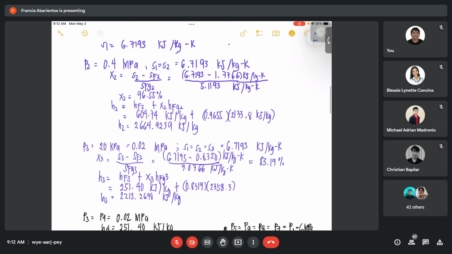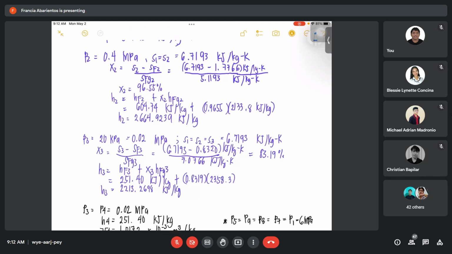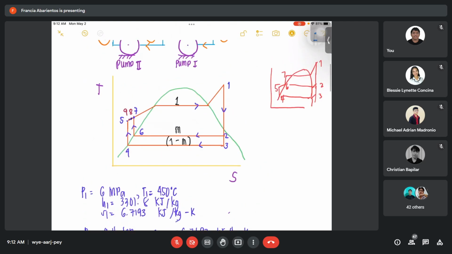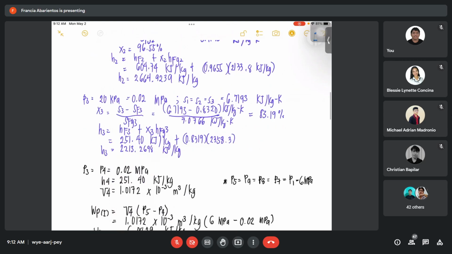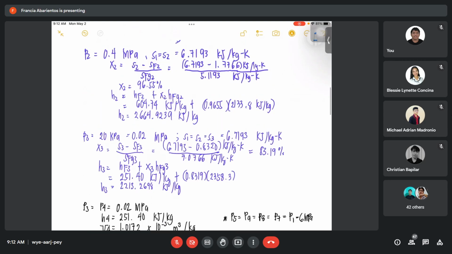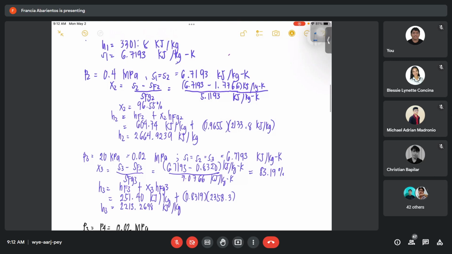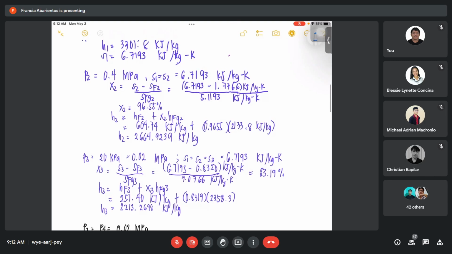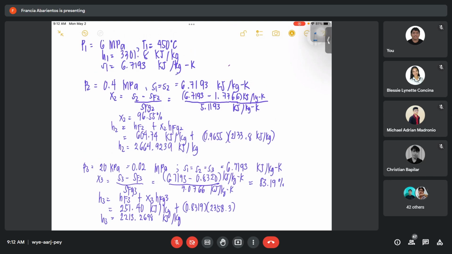After that, sabi ko nga, isentropic process from process 1 to 3. We have S1 equal to S2, which is equal to S3. Paano natin mako-consider that it falls under the wet region? Sabi ko nga, pag ang given natin class, yung S natin is less than sa SG natin, automatically nagpo-fall yan sa wet region.